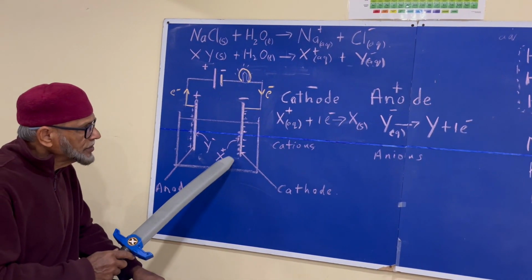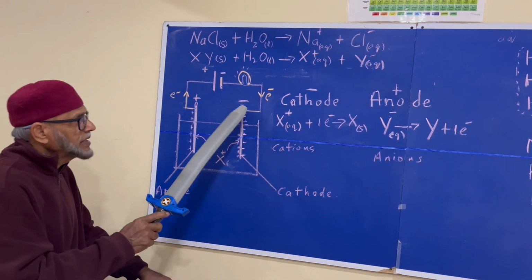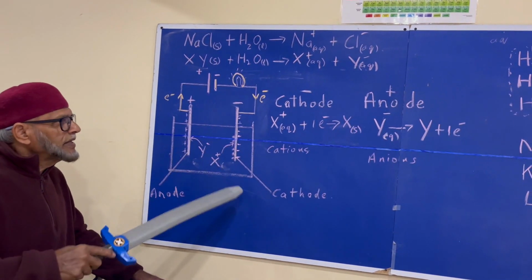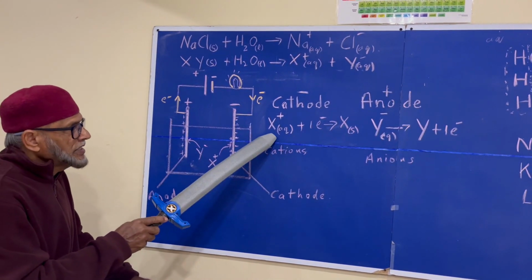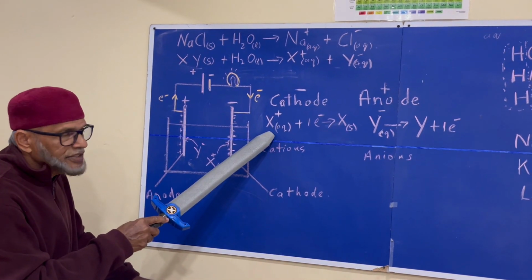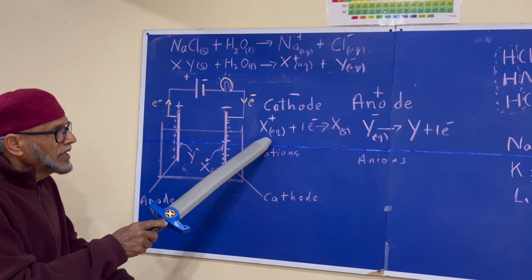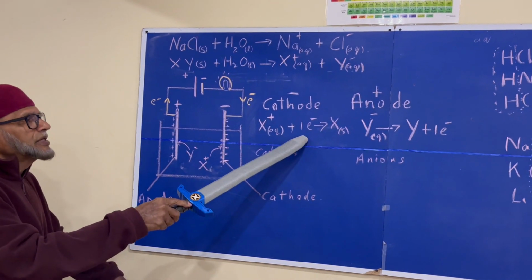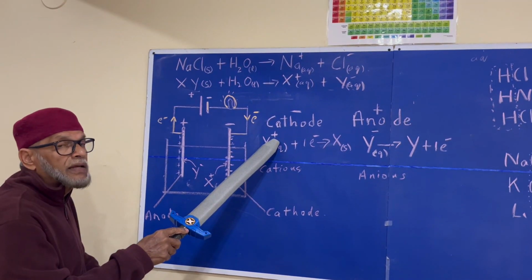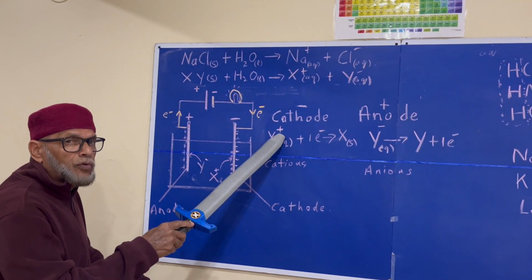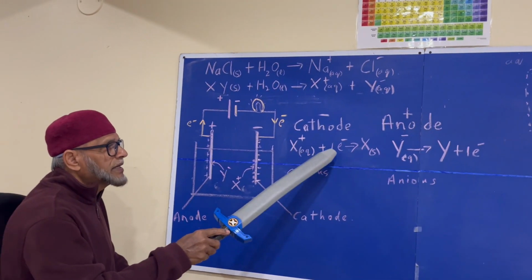So when they go onto the cathode there, because the cathode is having lots of electrons, each of those positively charged ions, that we call a cation now because they're going towards the cathode, will collect electrons from the cathode. If that cation is having only one positive charge, it will collect an electron.